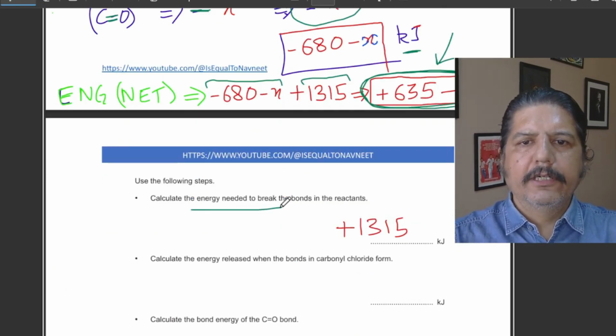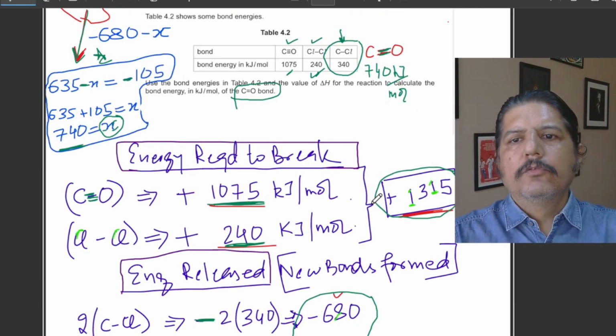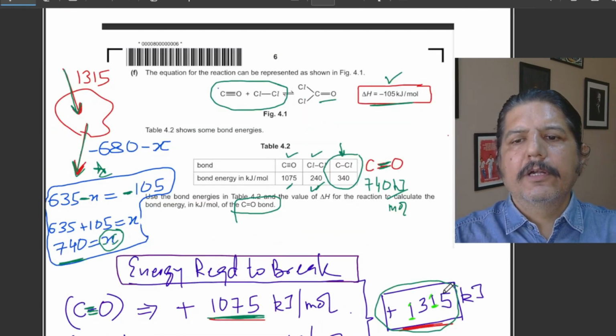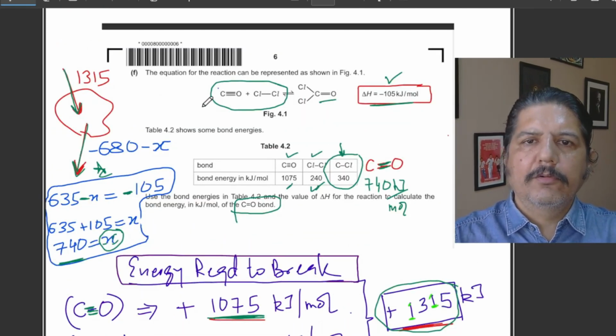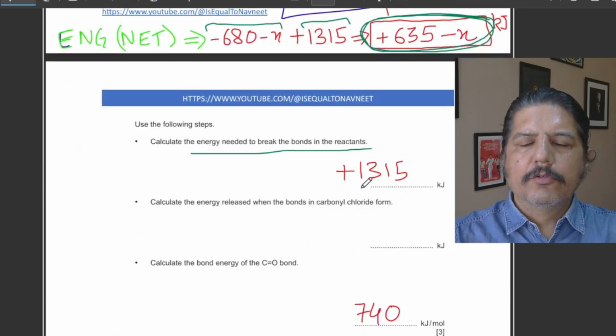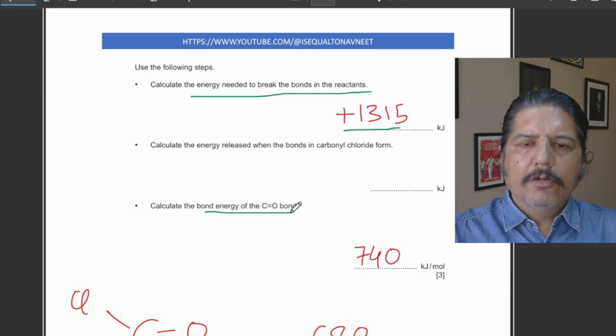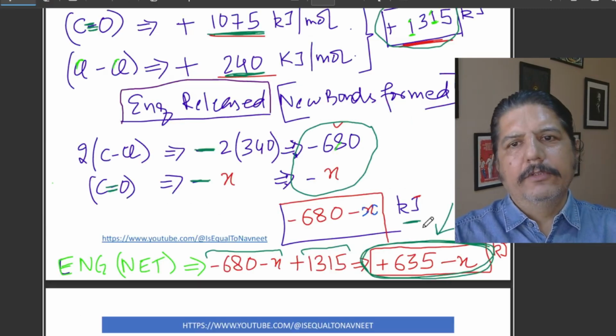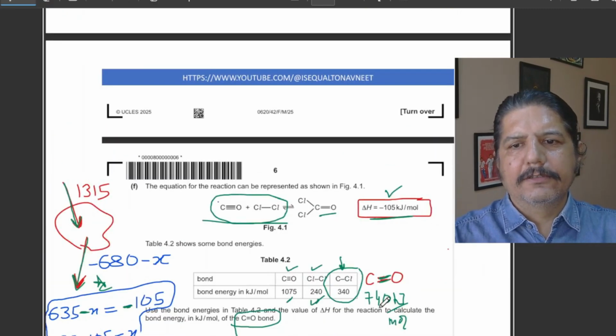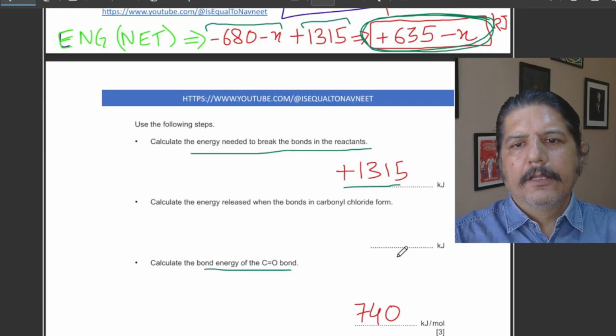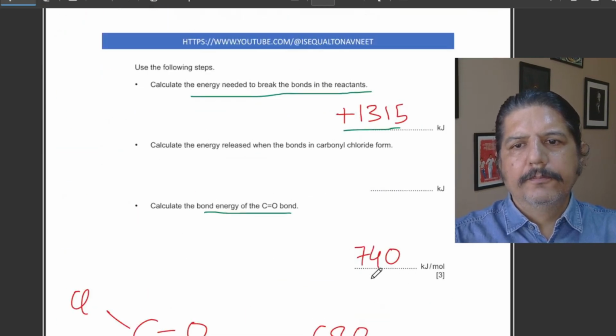Calculate the energy needed to break the bonds in the reactants. The total energy required is plus 1315 kilojoule, which we had calculated because all the energies are given. Calculate the bond energy of the C double bond O. That also we have calculated, that is 740 kilojoule.